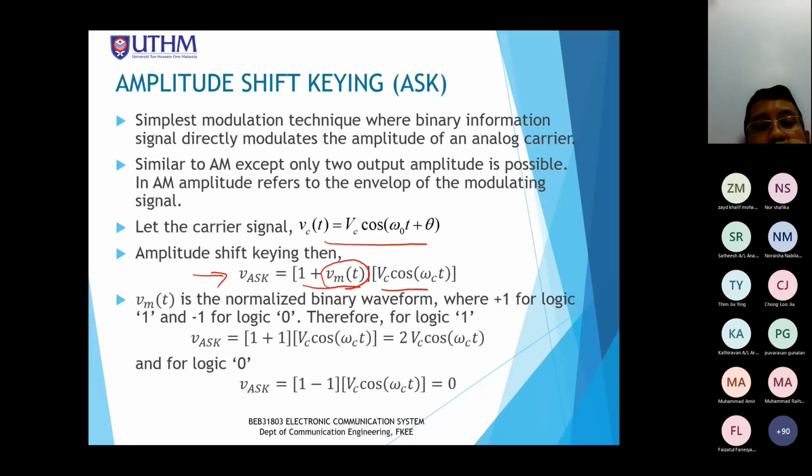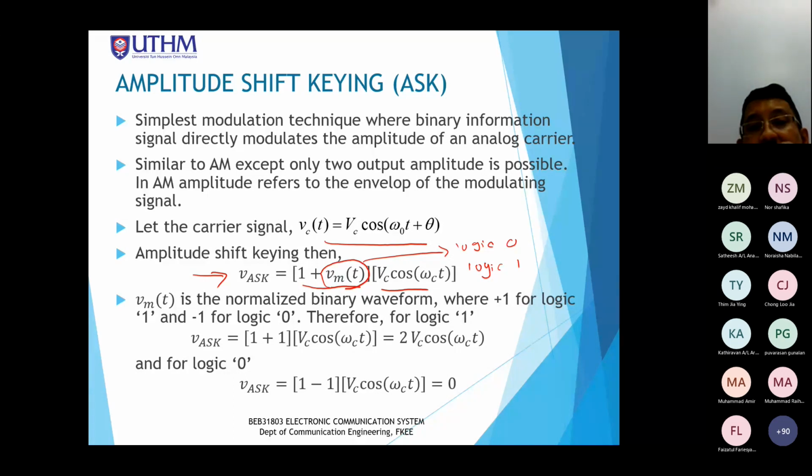The VMT in digital is either logic 0 or logic 1.